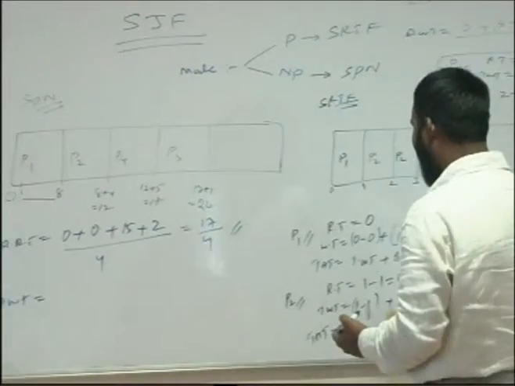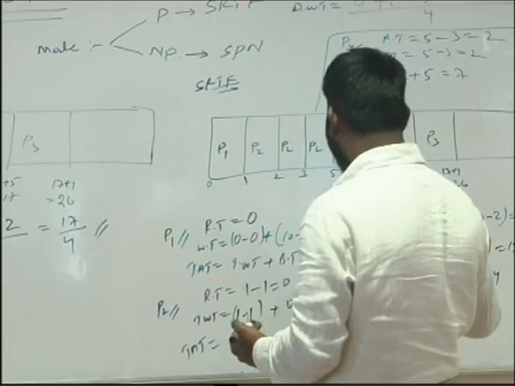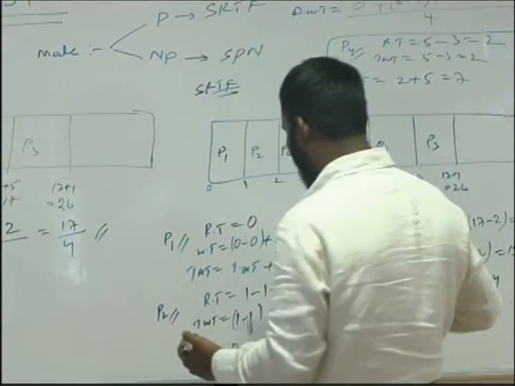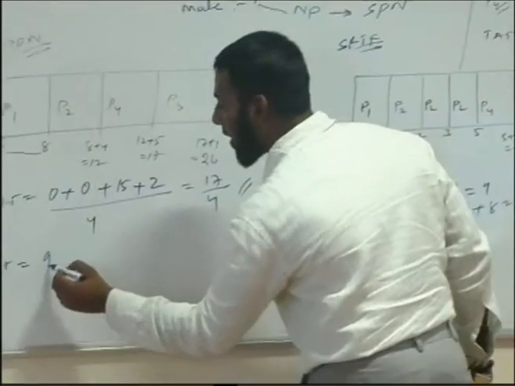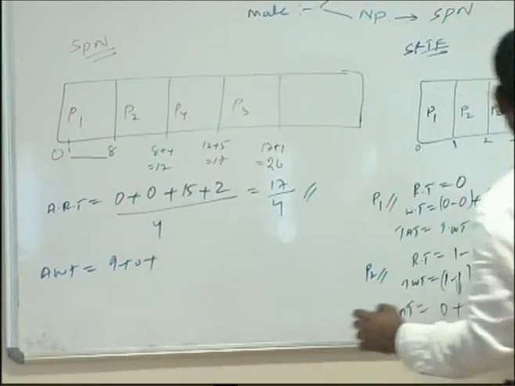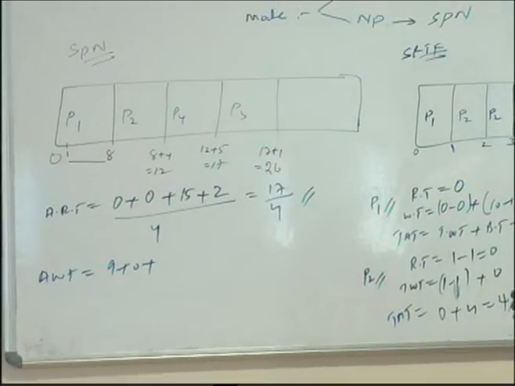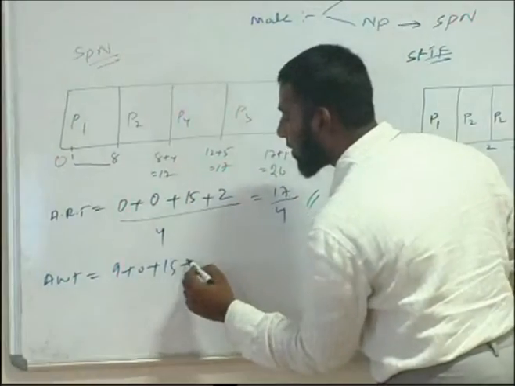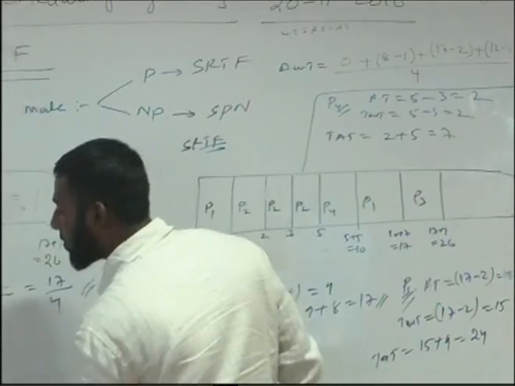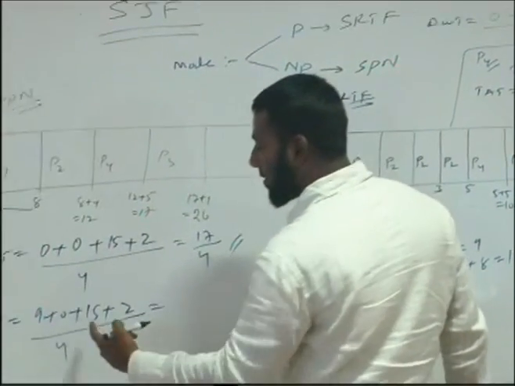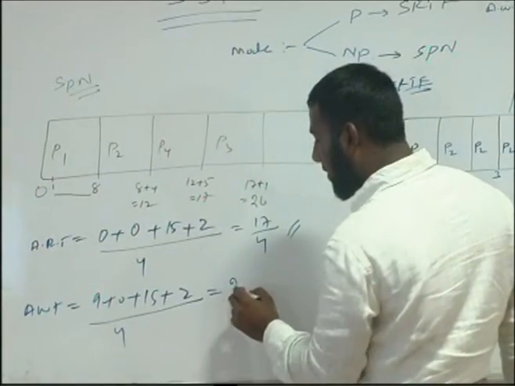Okay. Now, average waiting time. What is the waiting time for process P1? Process P1 waiting time is 9, then 0, so 9 plus 0 plus 15 plus 2 by 4. So 26 by 4.